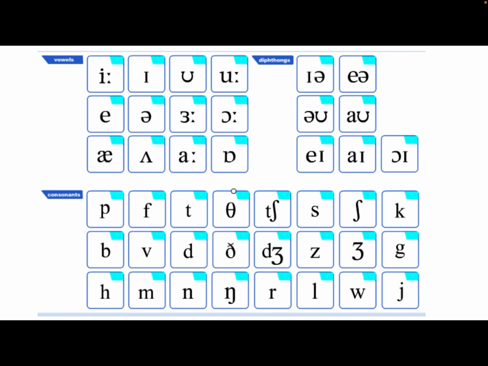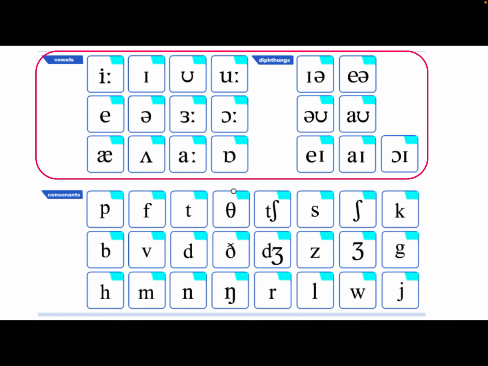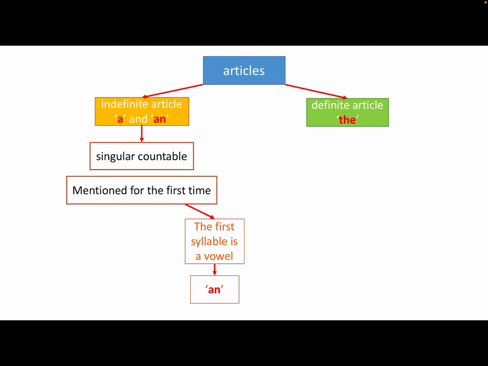In other words, it is not the spelling of the word which starts with A, E, I, O, U, but their sounds, or any other sounds that don't need you to close any parts of your mouth or nose muscles, like an apple, an explanation, and also an hour. All these words begin with a vowel sound as you don't close any parts of your mouth or nose muscles when you articulate the first sound of these words. Of course, if the first syllable isn't a vowel, we use a.